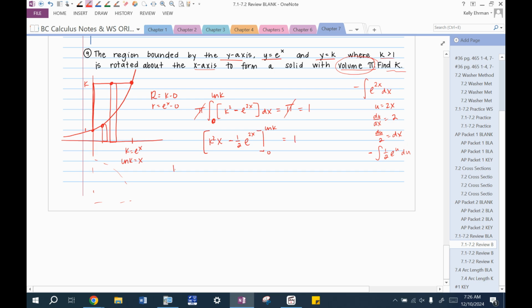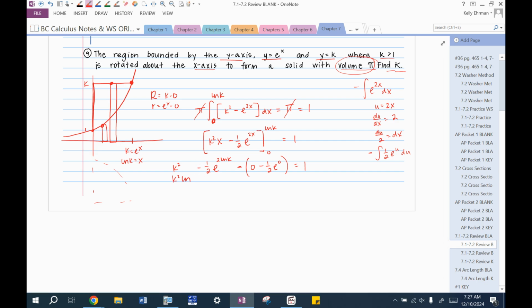All right, so plug stuff in. So k squared times natural log of k minus 1/2 times e to the 2 natural log k. We'll simplify that in a minute. Minus parentheses, plug in 0 there, and then minus 1/2 e to the 0, which is just 1. Again, equals 1. So k squared times natural log, oops, this is not x, this is natural log k.